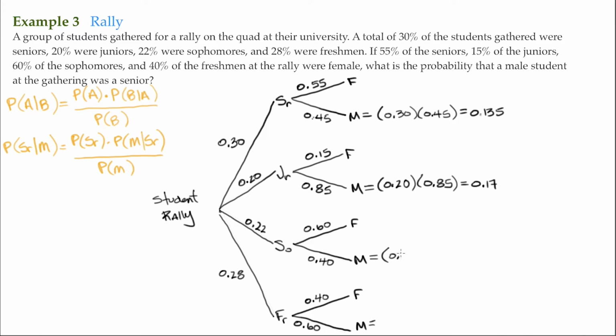Here we have our 22%, and all I'm doing is I'm taking the probability of being a sophomore and then the probability of being a male, given that you're a sophomore, times our 40%, and that's what I'm doing for each one of these. That's 8.8%, and then of course 28% times the 60%.